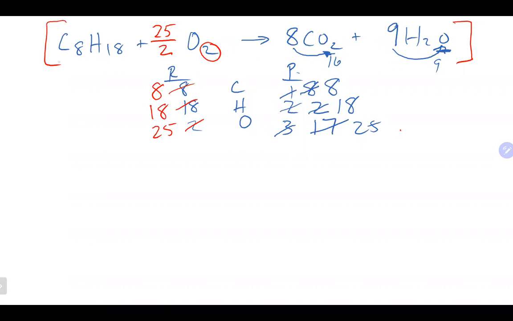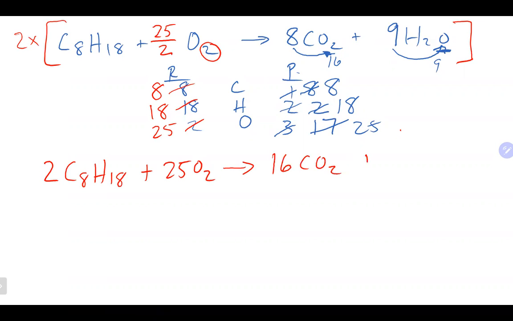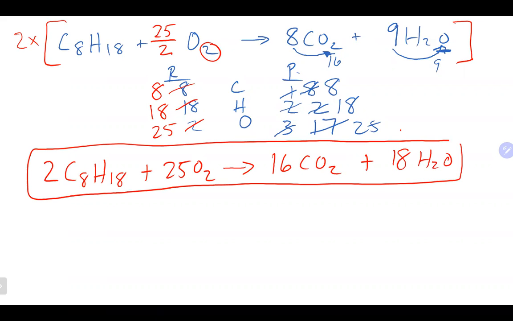We're going to multiply everybody by the denominator, and that's going to give us 2 of the C8H18, 25 of the oxygen, 16 of the CO2, and 2 times 9, 18 of the H2O. At this point, we should have a balanced equation. We have 16 carbons on the left and 16 on the right.